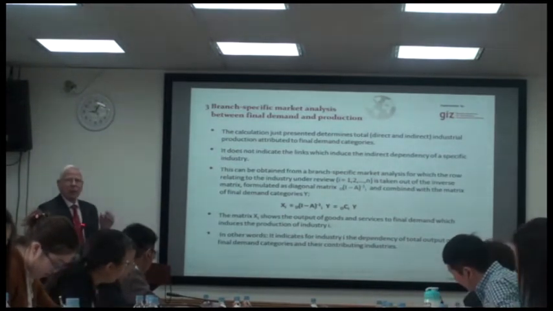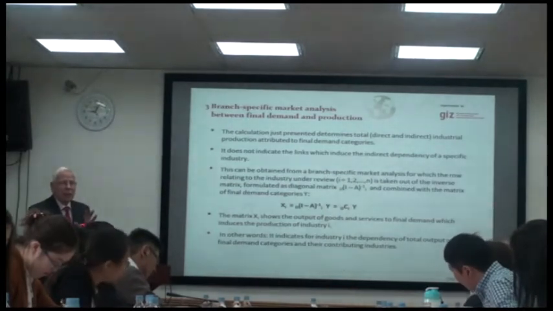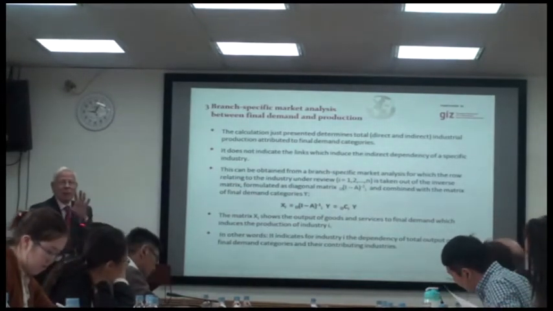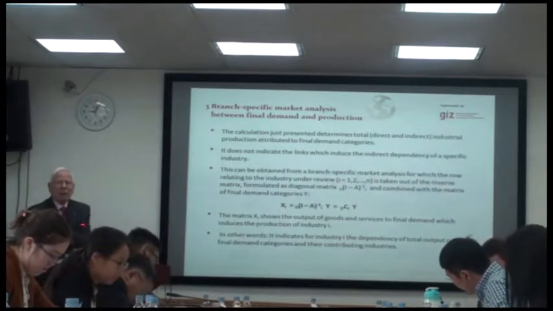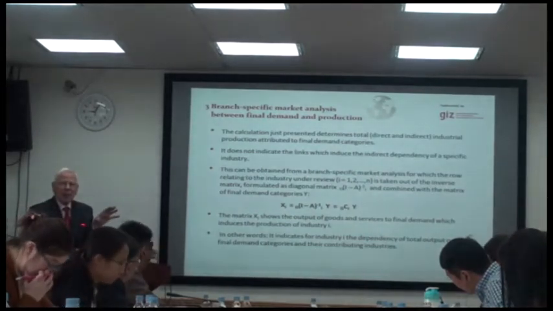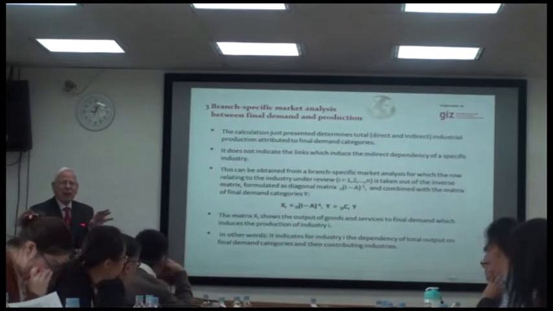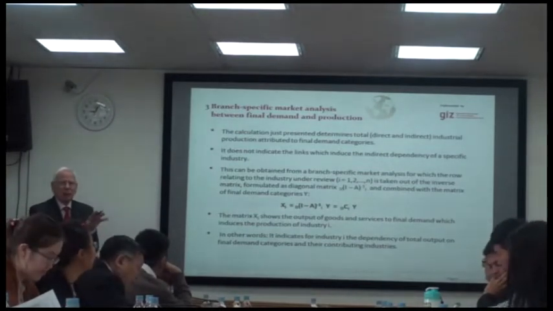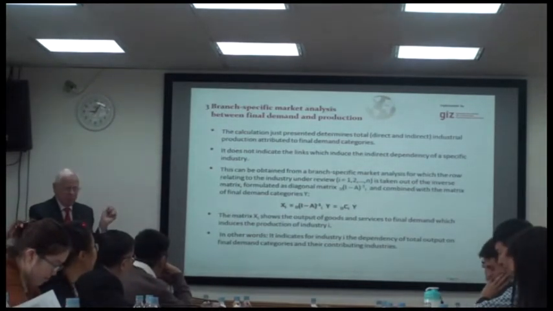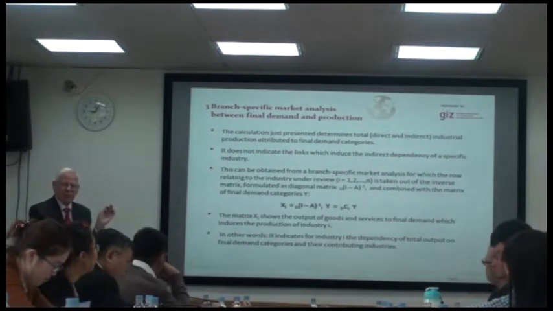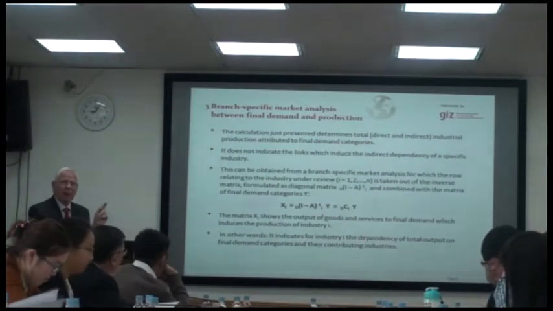And then you have put together all what you need for making the link between final demand Y, inverse, and then the same disaggregated by individual 20 branches. That means the so-called market analysis. You got it?